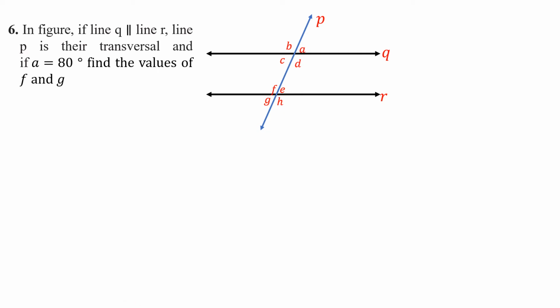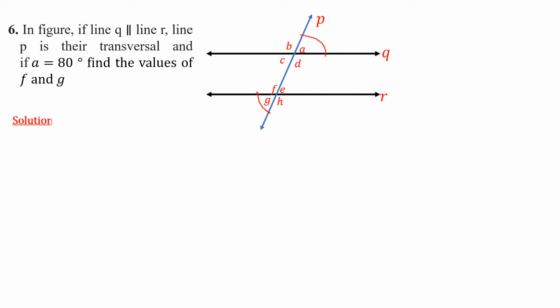This angle A and this angle G, they are exterior alternate angles. The lines are parallel and P is their transversal. Then this angle A and G are exterior alternate angles.